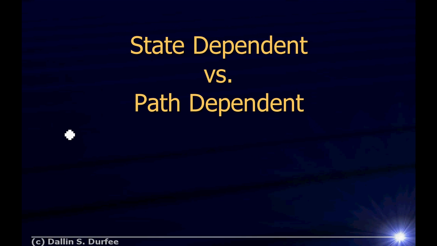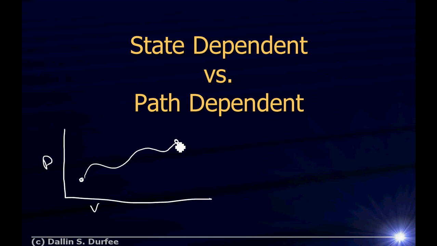Now notice, when I draw my PV diagram, and imagine my gas goes from here to here, some things are what we call state-dependent variables and some are path-dependent. If I am right here, there is the pressure, the volume, and the temperature.